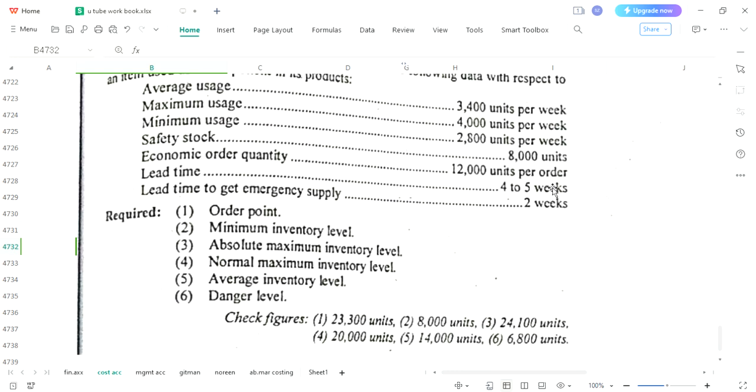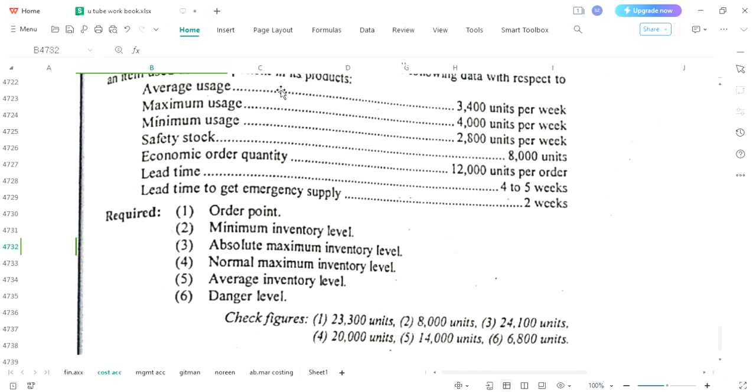Lead time, again two timings are provided, 4 and 5. It has been described that if you are dealing with maximum requirement, you will use maximum time, that means 5. If you are using minimum requirement, you will use 4 as minimum time. So maximum requirement goes with maximum time, minimum requirement with minimum time.